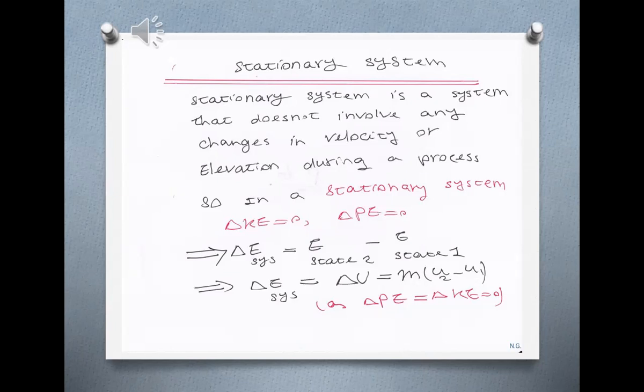Exactly, because it's stationary, there will be no change in potential energy or kinetic energy. There's no velocity involved, so changing kinetic energy and changing potential energy are zero. We know the change in energy of the system has three parts: changing kinetic energy, changing potential energy, and changing internal energy. Since kinetic and potential changes are zero, it is limited to the change in internal energy, which is delta U, U2 minus U1.